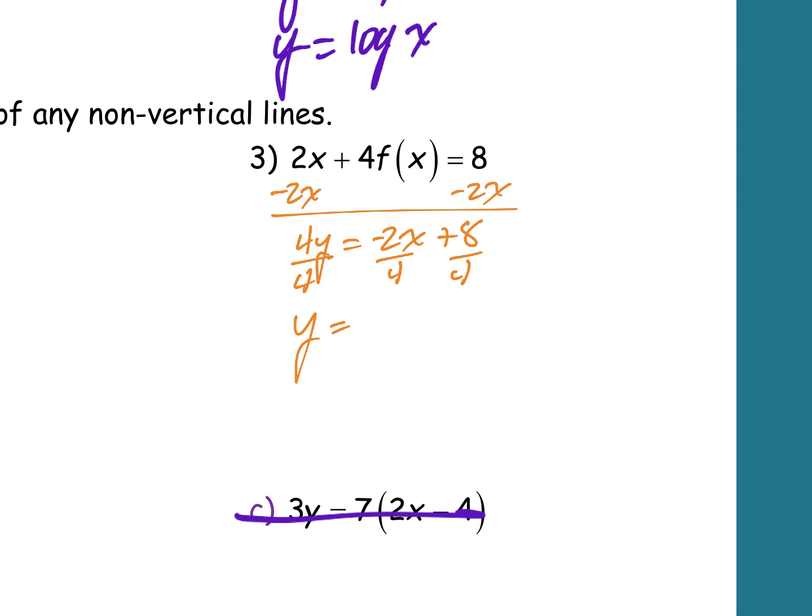Minus 2x over 4. What's 2 over 4? 1/2. There we go. And what's 8 over 4? 2. Great. Is it linear, non-linear? Linear. Slope? 1/2. Close. Sorry, negative 1/2. Good.